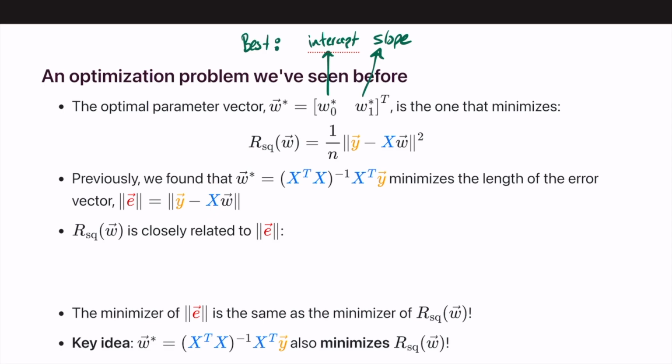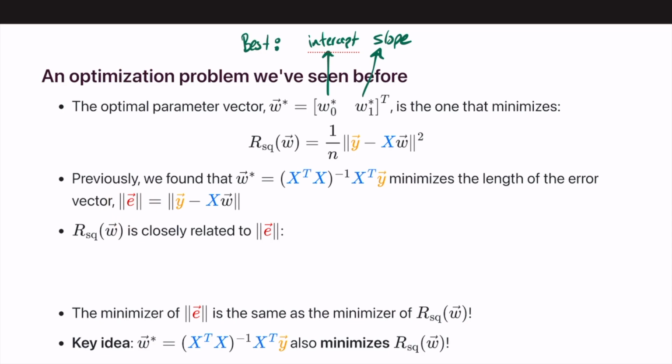And the w vector that we have in this case is being used to create linear combinations with X. And so we want to know, how do you minimize the length of that error vector? And in the beginning of this lecture, we found that the way to do that is to determine the solution to the normal equations, and that will get us our best w star vector, specifically using the X transpose X inverse X transpose y. And the answer to that will minimize the length of the error vector.